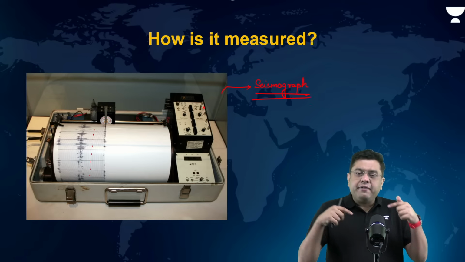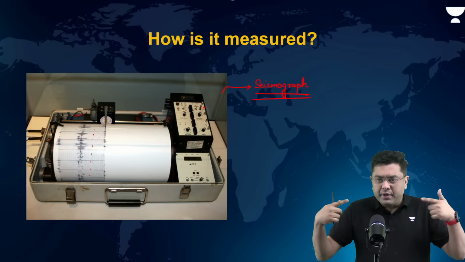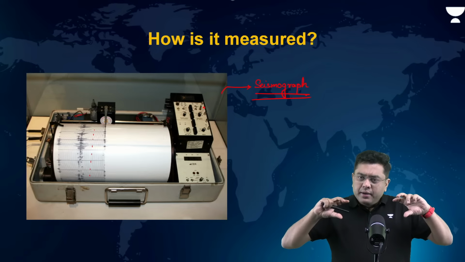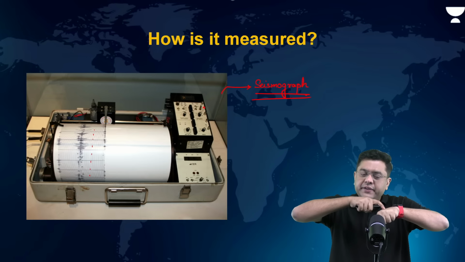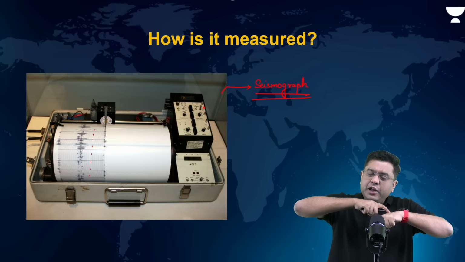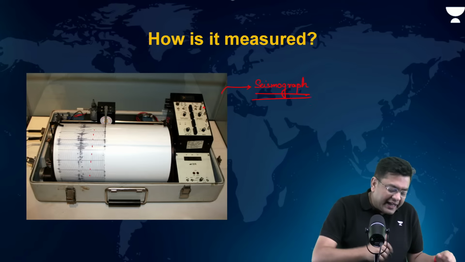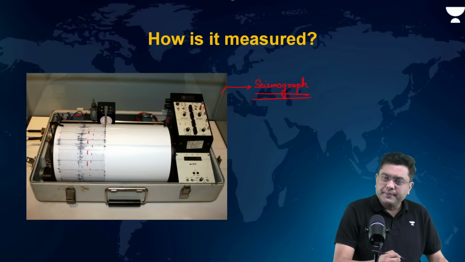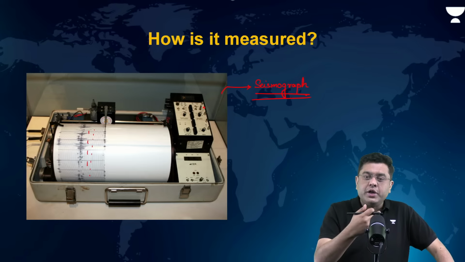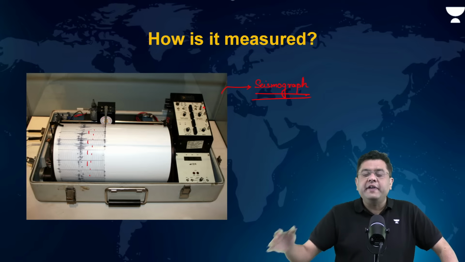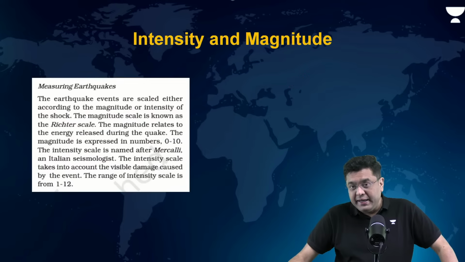You have a paper drum which keeps on rotating, and a pen is kept on it. Any shaking or vibration on the earth's surface makes the pen start to move, and that is what is charted out here. That is how you measure how much energy is released.